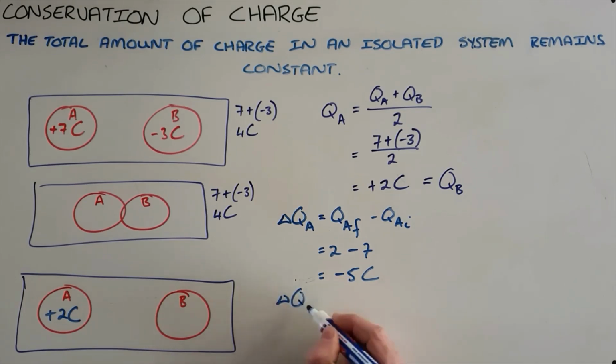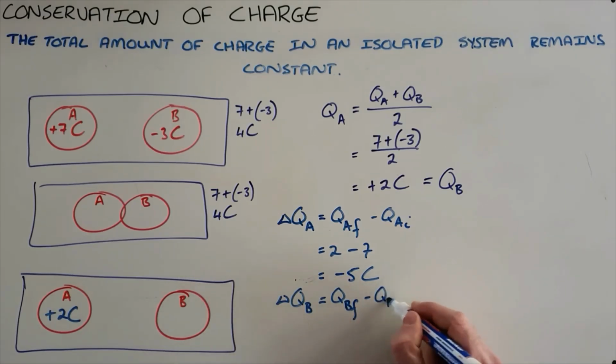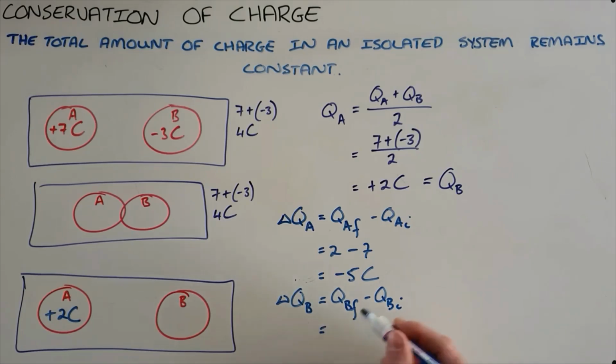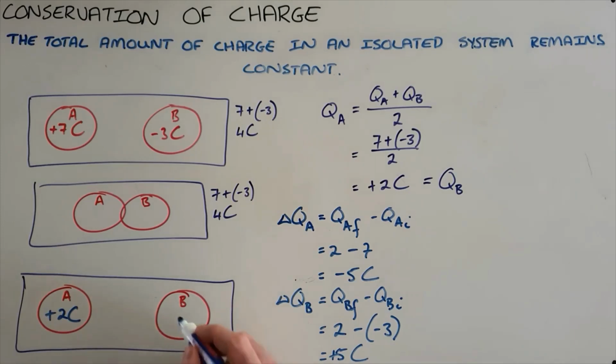We can do the same for object B, where we calculate the change in charge of object B by subtracting the initial charge from the final charge. The final charge here was 2, the initial charge was -3, the signs here are important, and we see that the change in charge was +5 coulombs, which again makes sense because we went from -3 to +2.